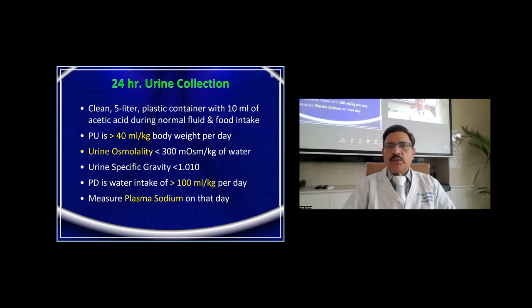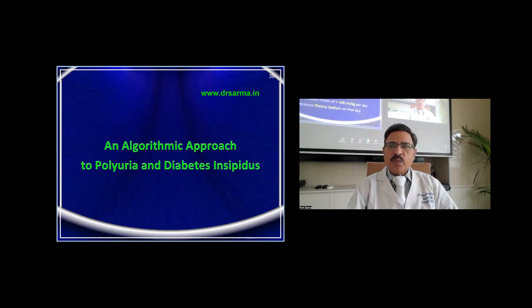Urine osmolality is usually low, dilute urine; specific gravity is not a good marker. Polydipsia is intake of more than 100 ml per kilogram body weight, which means in a 60 kilogram man, more than 6 liters, or more than 7 liters in a 70 kilogram. Measure sodium also on the same day.